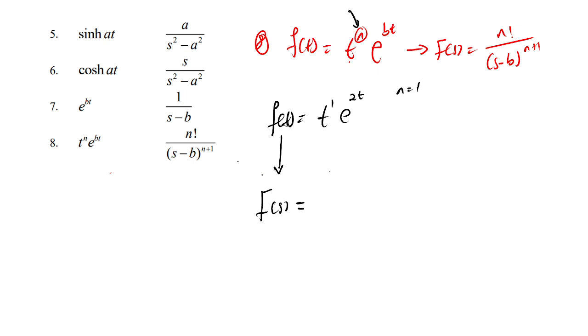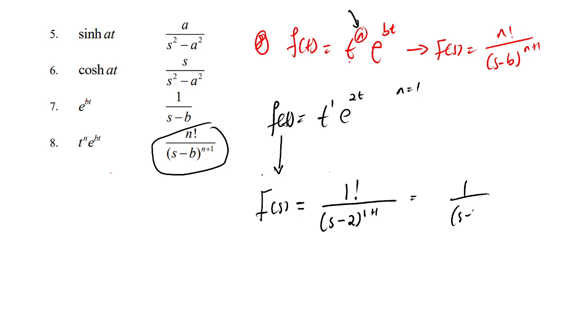So using this rule, our answer is going to be n factorial, which means 1 factorial all over s minus 2 to the exponent n, which is 1, plus 1, which gives us 1 all over s minus 2, which is raised to the exponent 2.